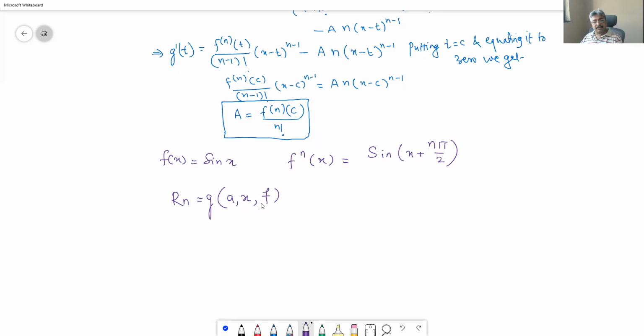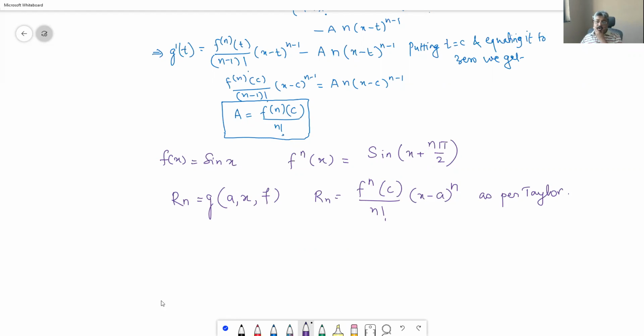So as far as Taylor's theorem is concerned, our remainder term Rn is the nth derivative of f evaluated at c upon n factorial into x minus a raised to n. This is our remainder term as per Taylor.